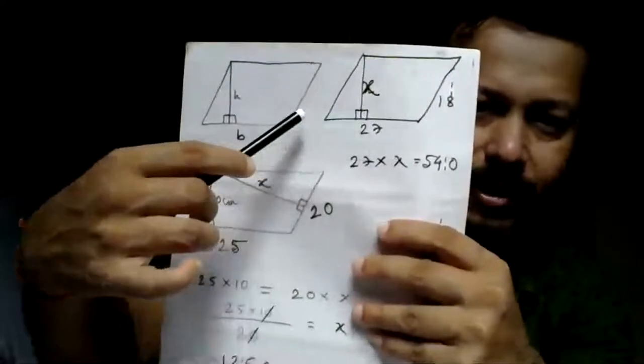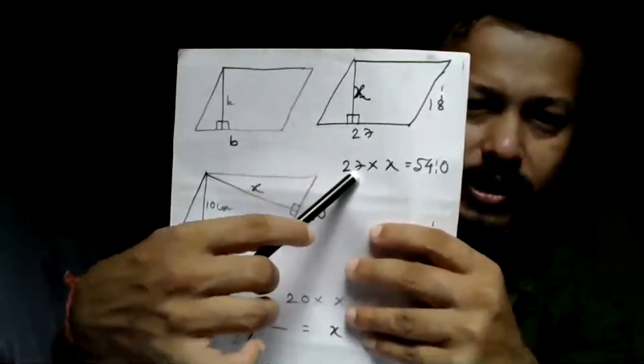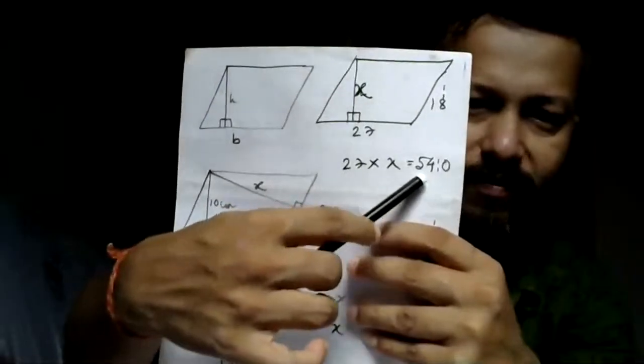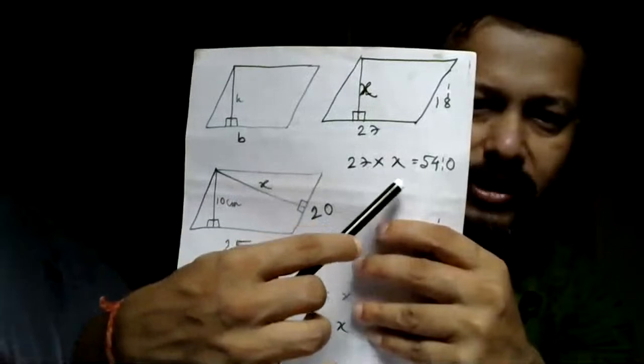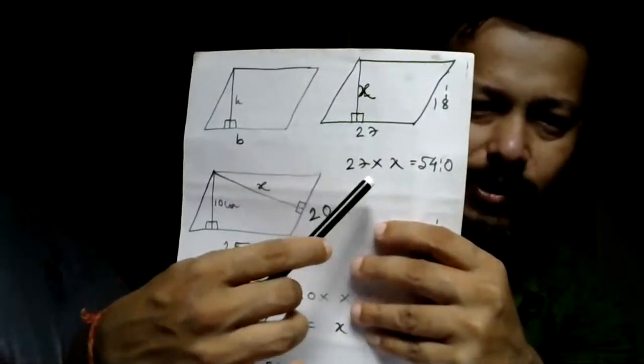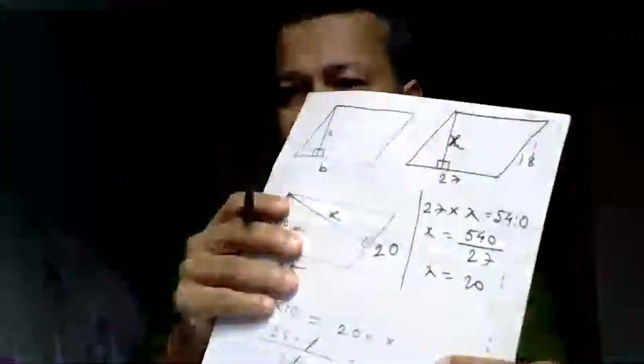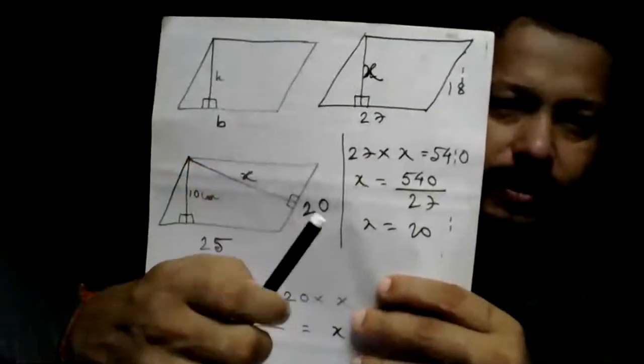If this is the base, then this is the height, 27 into x equal to 540. 540 is the area of this parallelogram. So x equal to 540 by 27. So x equal to 20.